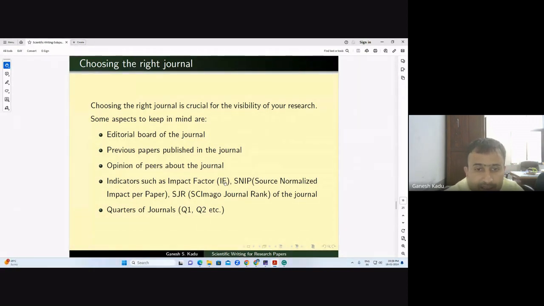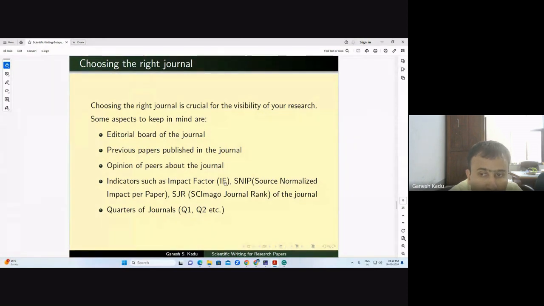Then SNIP is the source normalized impact per paper, which is typically the impact factor divided by the database citation potential. Because for instance, in mathematics you don't generally receive that many citations, so mathematics journals will often have a low impact factor.